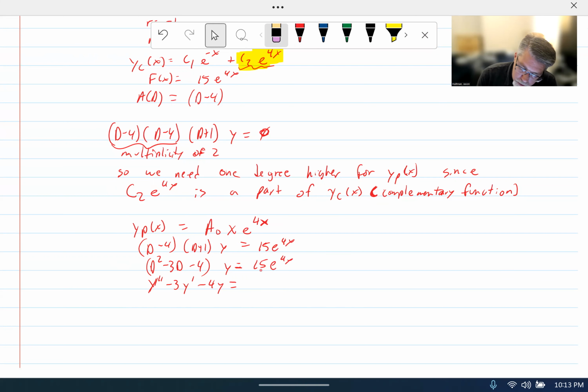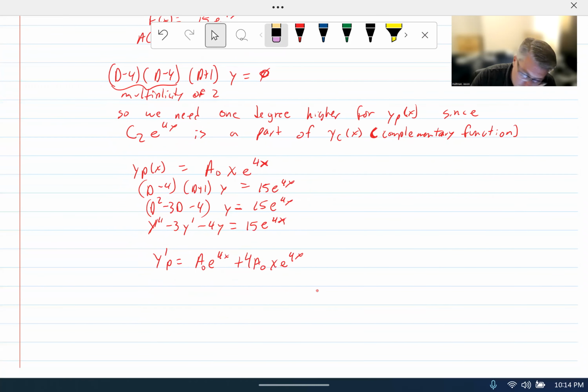So I need a y'', I need a y', and I need the y, and I need it to equal 15e^(4x). What would be y_p' be equal to? Do the product rule here. That's going to get me A_0 e^(4x) plus 4A_0 x e^(4x).